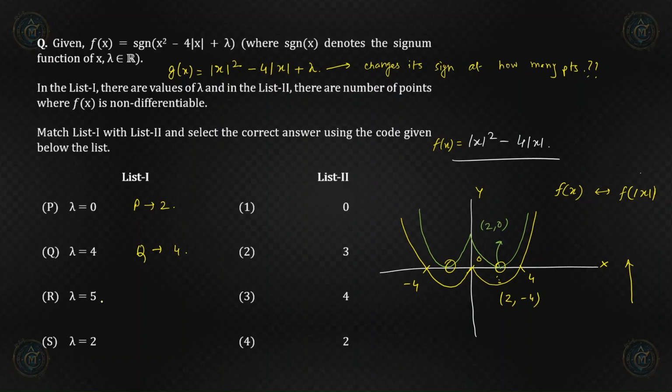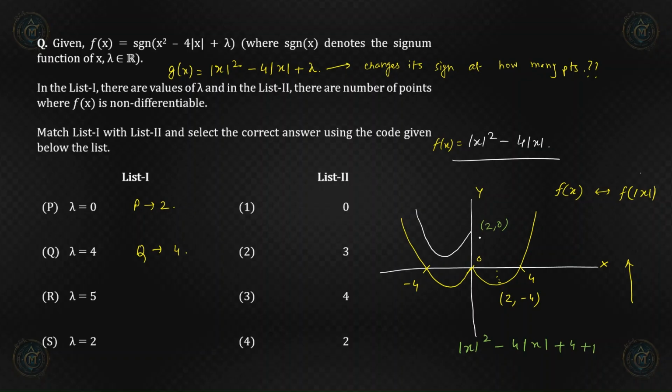Then if we check for lambda equal to 5, so this was the case for this graph, right? But we have to then again shift it by 1 unit further, in the same direction. So we can say the new graph will look something like this.